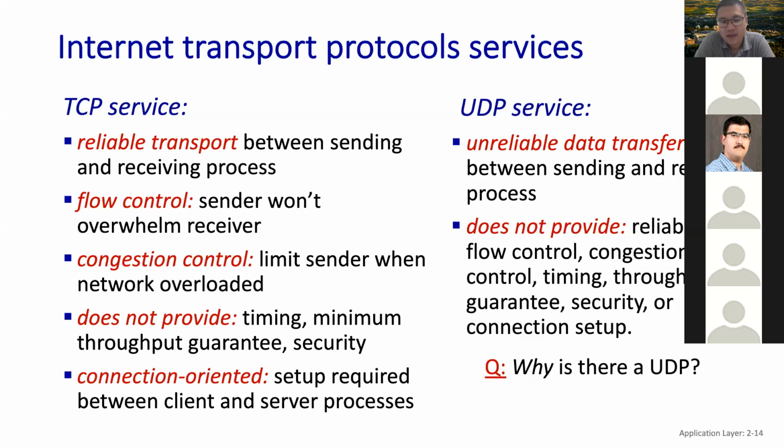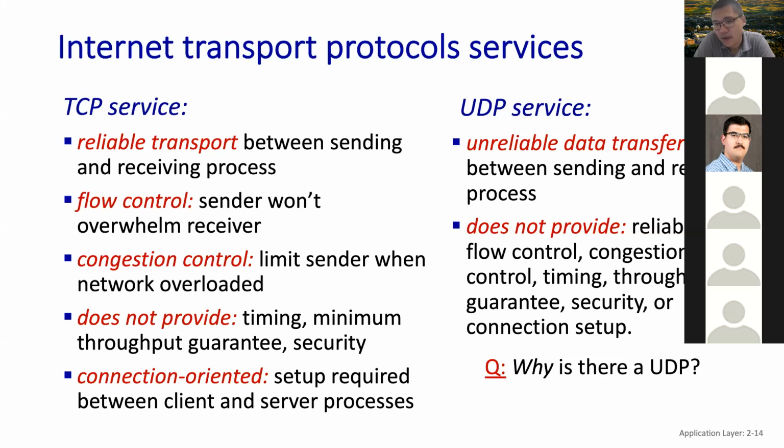But for the UDP, from the name, you can tell that it's unreliable data transfer, right? The problem is that it cannot provide reliable flow control, congestion control, timing, throughput guarantee, or security. It cannot provide a lot of things, as you can see here, and it cannot guarantee reliable data transfer.